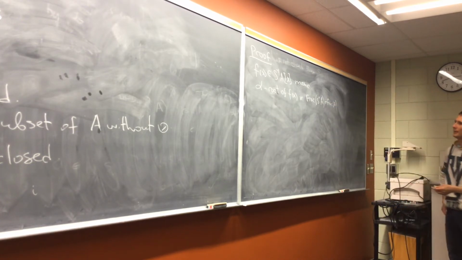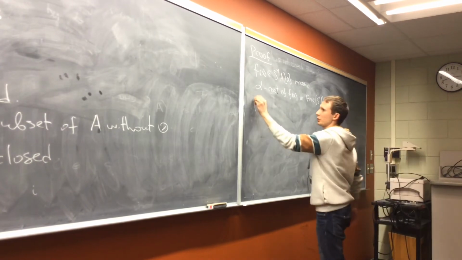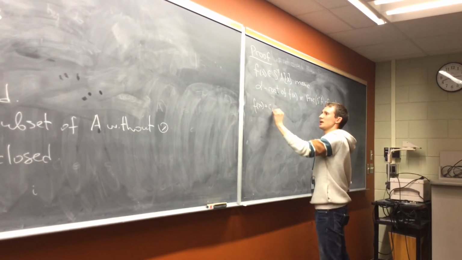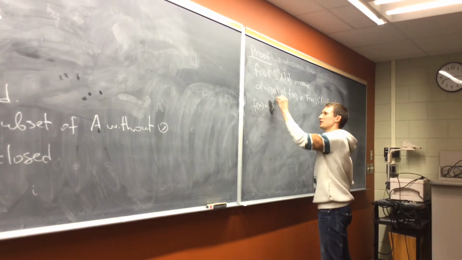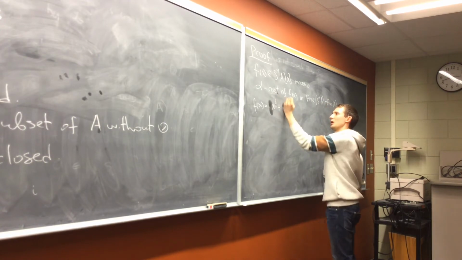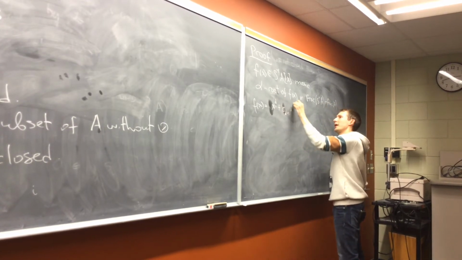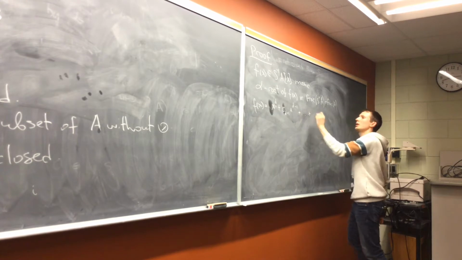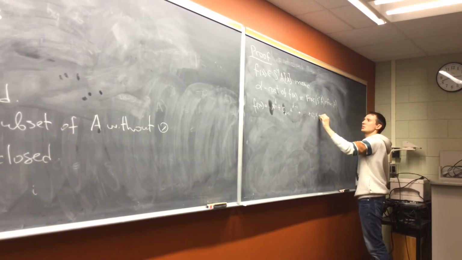So let me write down what this polynomial is: x to the d plus c d minus 1 x to the d minus 1 and so on, plus c1 x plus c0.